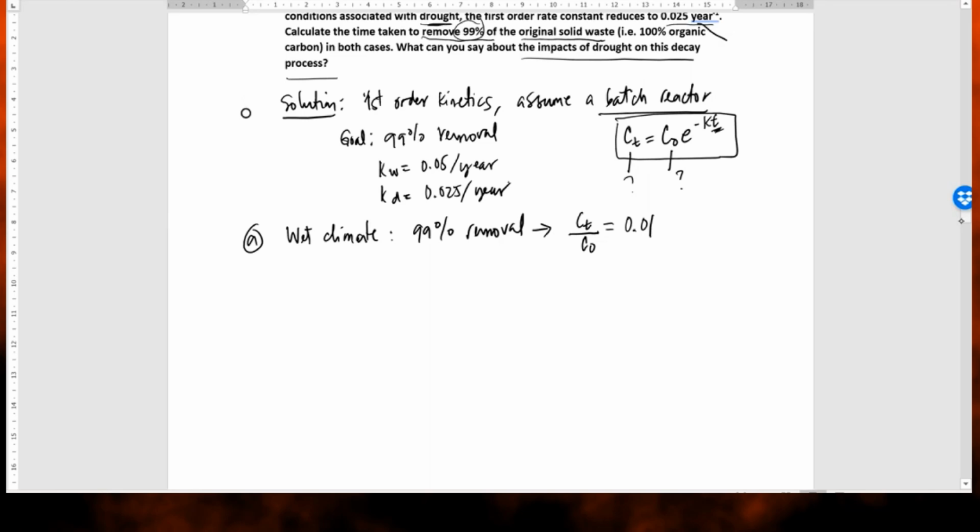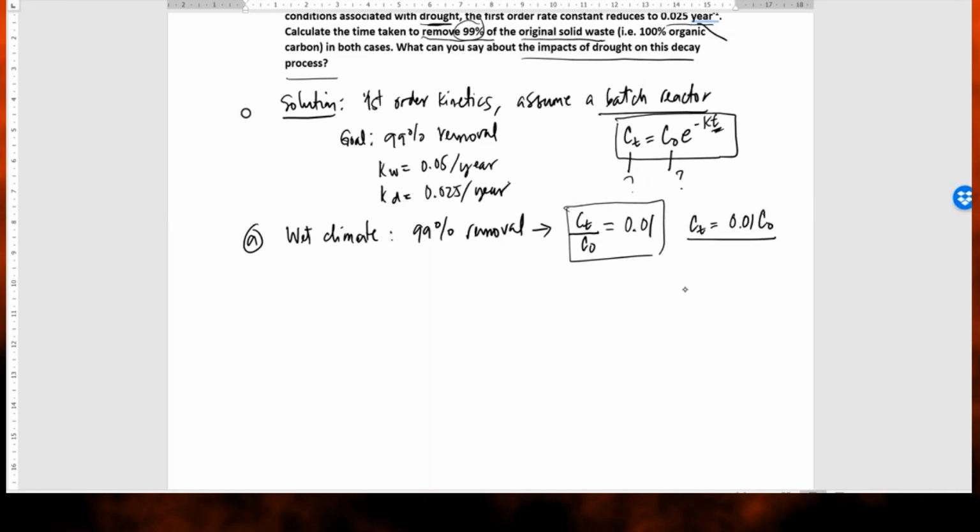That is the relationship between these two. If you base it on our previous slide, I want you to work on how I got that one; I'm sure you will get this part as well. So it means that C sub T is equal to 0.01 C naught.